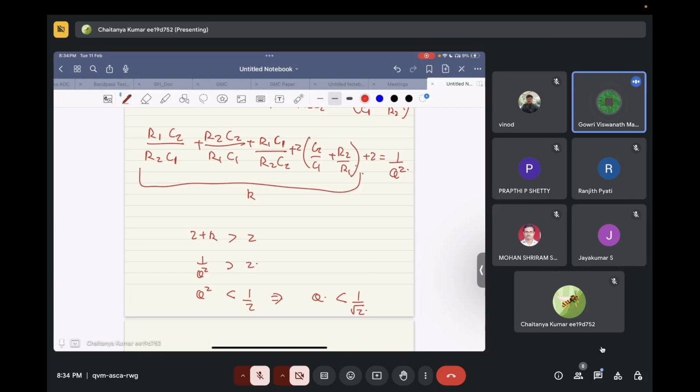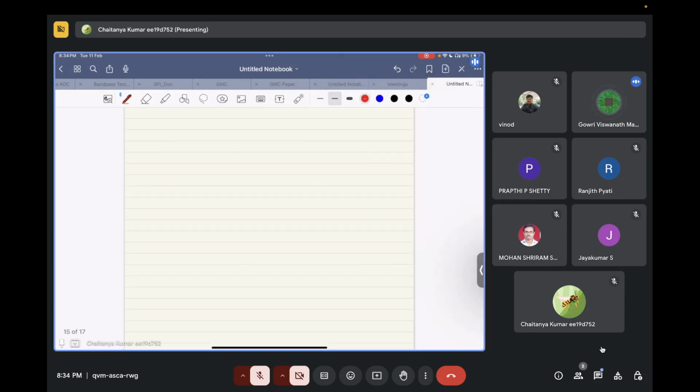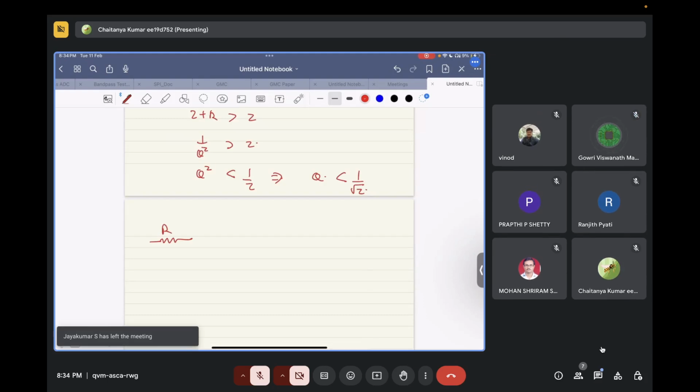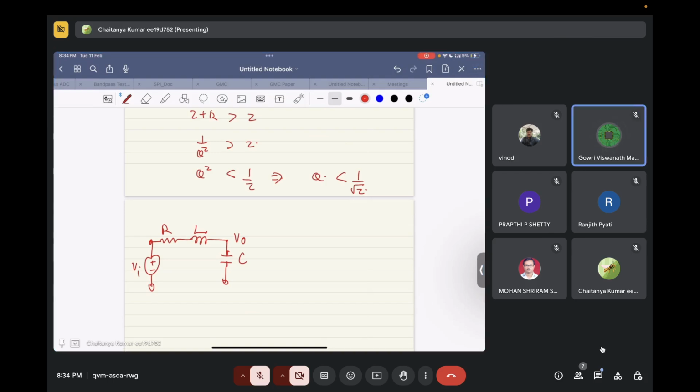Yeah. So let's try to find out another circuit. Let's see this circuit over here. Is it a low pass transfer function? At very low frequencies, what will be the output? 1, right?